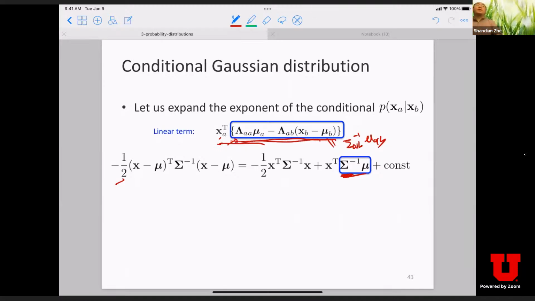Now, if we look at the general form of the Gaussian distribution, we know in its exponent it has a quadratic term and a linear term, and the vector in the linear term will be the inverse of the covariance times mu. And this must match the one you just got.